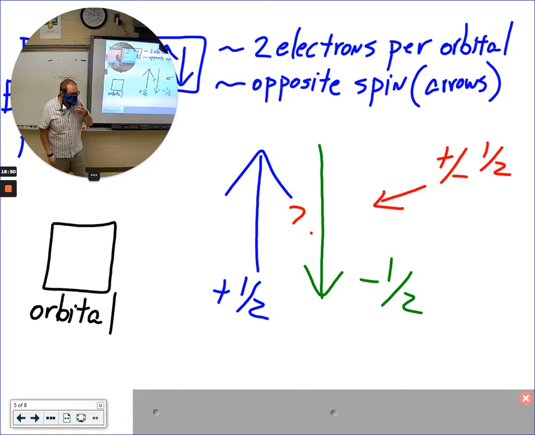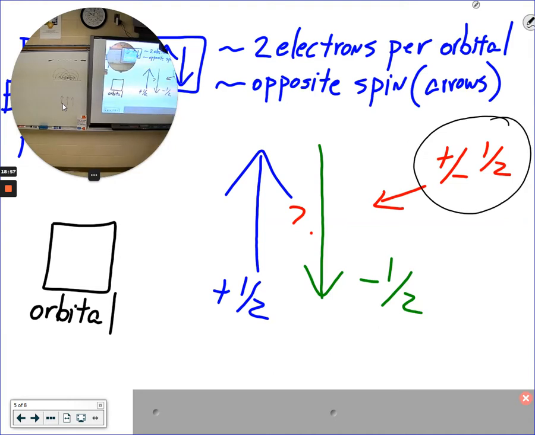But since we don't know which one's which, if they're paired up, then we say that they've got a spin of plus or minus 1/2. It's either one or the other. Or, because quantum physics, maybe it's both until you observe it, and then it's going to be one or the other.